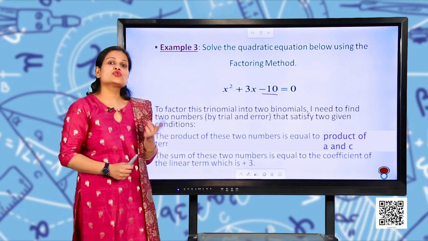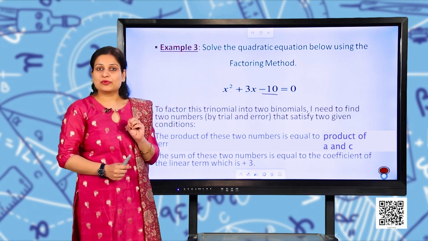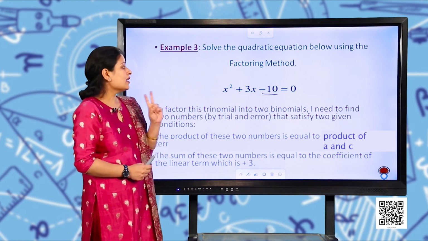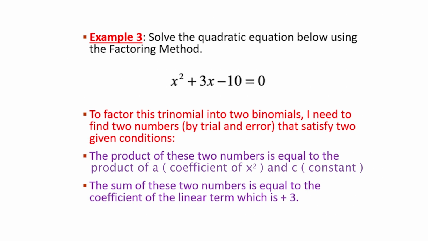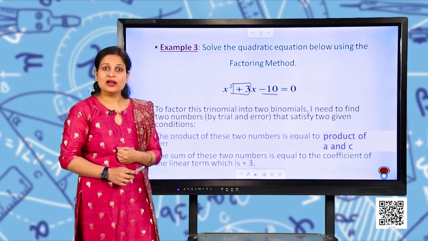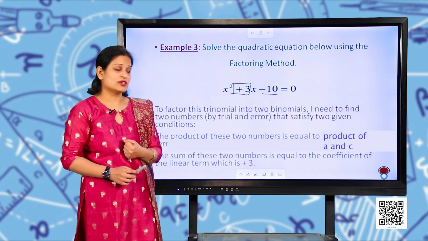This means these two numbers must have opposite signs. As you can see here, this is plus 3, which means when I add the two numbers whose product is minus 10, I must get positive 3, so the larger number should be positive.